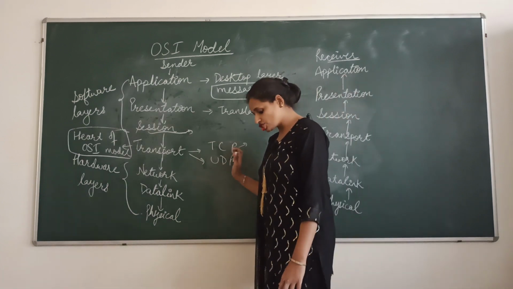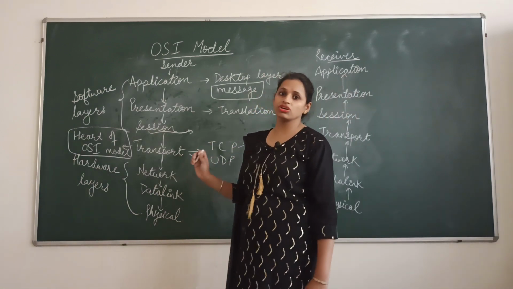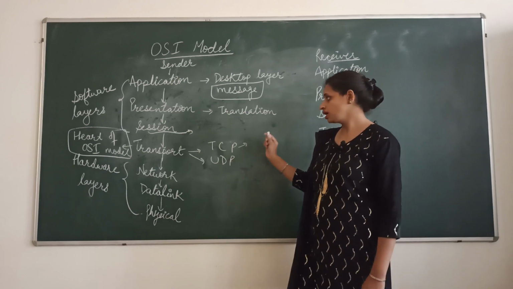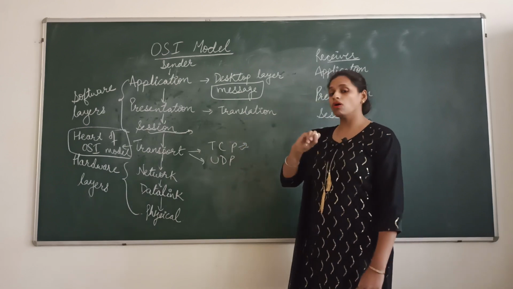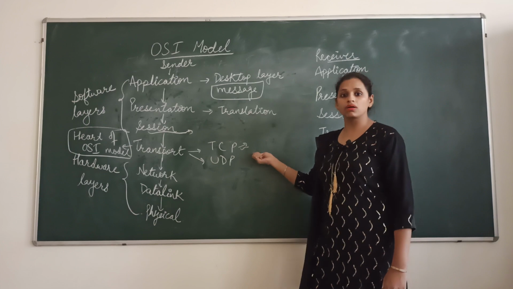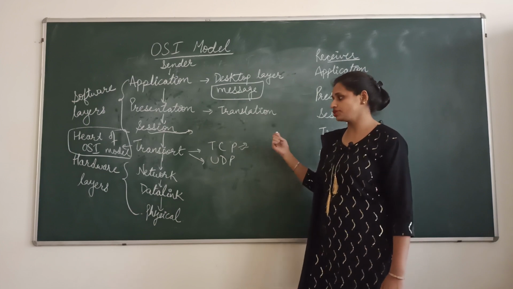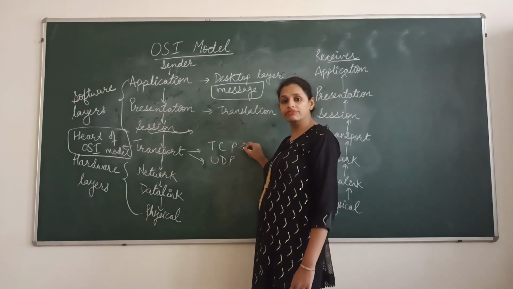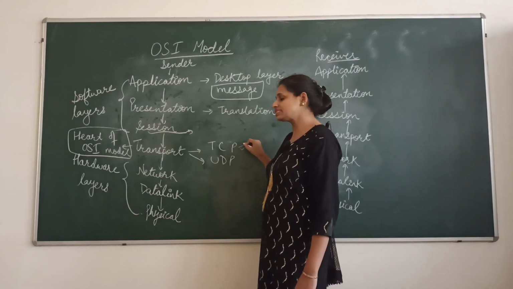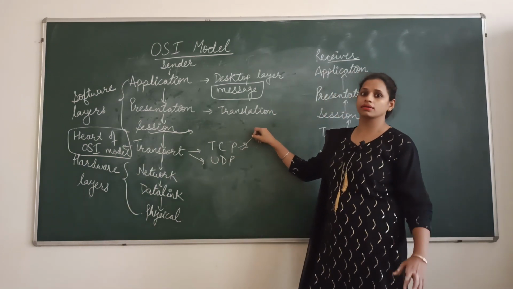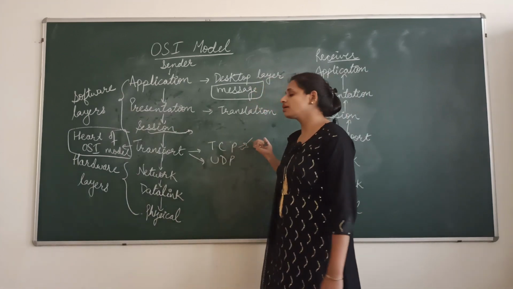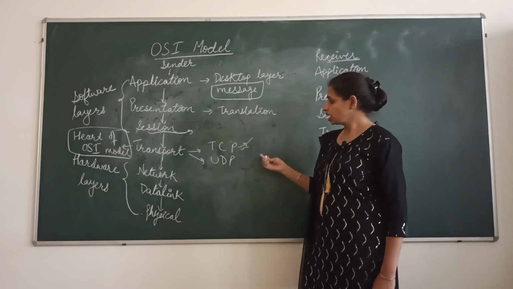Means it ensures the complete delivery of message, delivery of data to the receiver. It also ensures about the acknowledgement of the message delivered to the receiver. It will check whether the message is delivered or not. If there is any error in the message, that message will not be received by the receiver, then it retransmits the message.